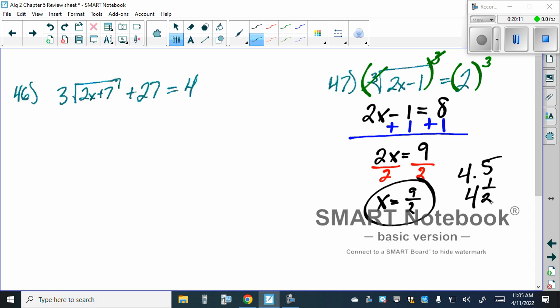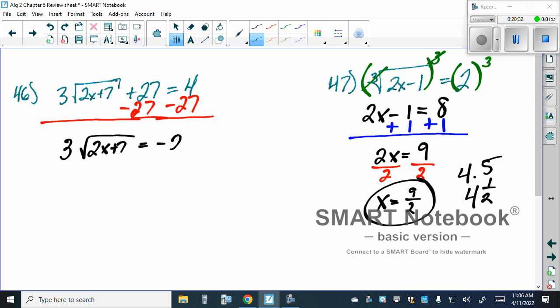Any other questions on these here? So what would we need to do first to get the radical by itself? So we subtract 27 first, which will tell us that 3 times the square root of 2x plus 7 equals, and what do you think we do next?